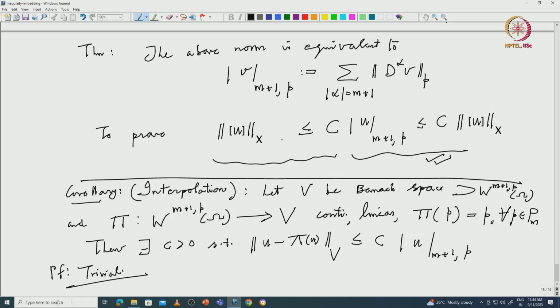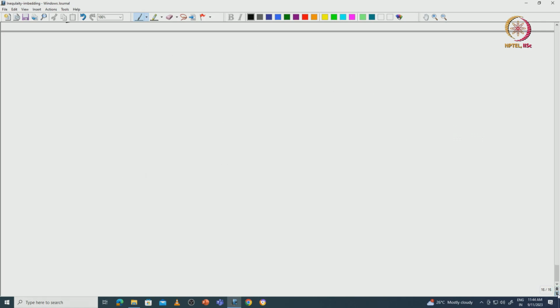And one more, the proof of the Poincare inequality. Let me just state it, it is immediate now. It is a special case, Poincare-Wirtinger.